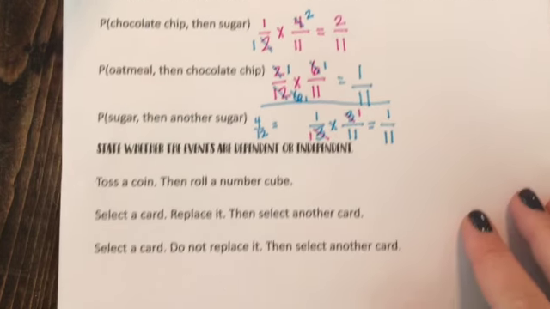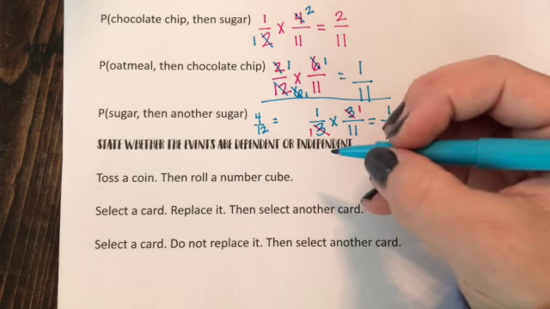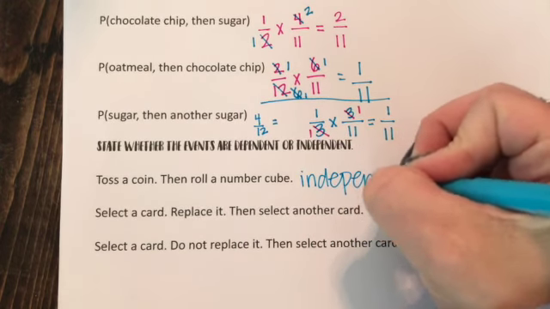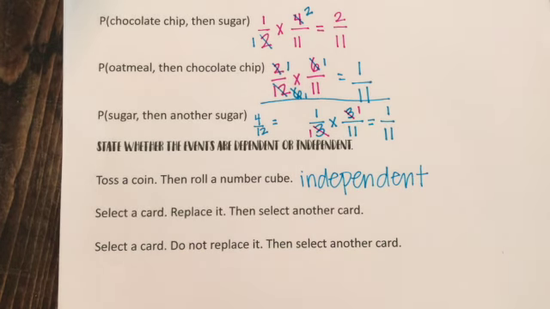Okay, then the last thing we have to do is talk about whether events are independent or dependent. So if we were to toss a coin, and then roll a number cube or a dice, does the coin affect the number cube? No, those would be independent. Okay, what about if I picked a card out of a stack and then I put it back and then I picked another card?